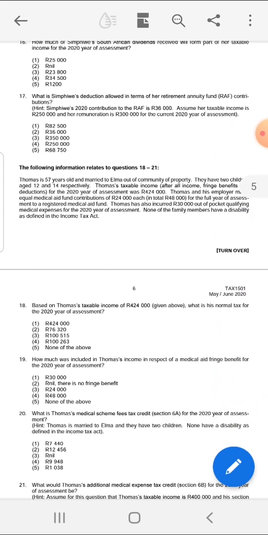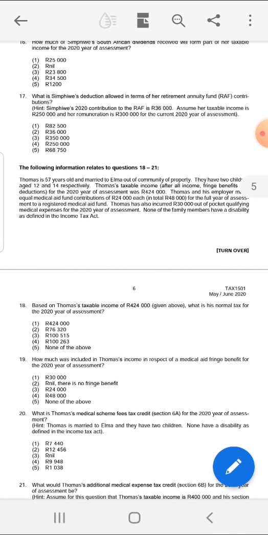The formula that follows is that the amount contributed is limited to the lesser of 350,000 or 27.5% of the higher of remuneration and taxable income.